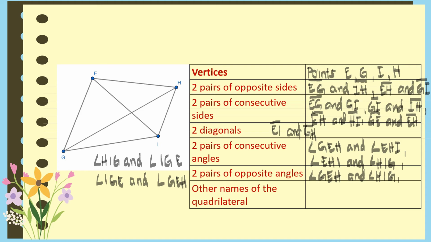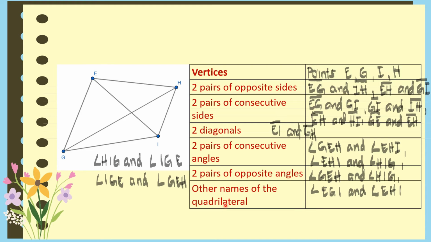We also have angle EGI and angle EHI. Angle EHI can also be named as angle IHE. Angle EGI can also be named as angle IGE.